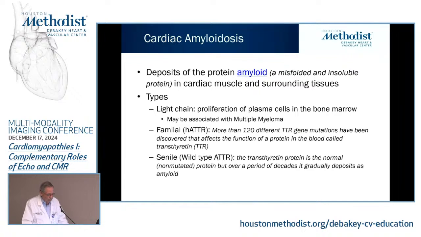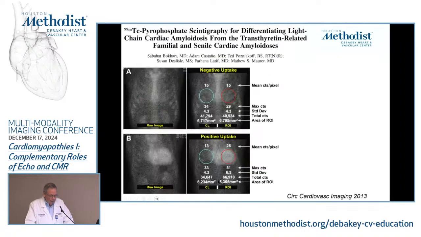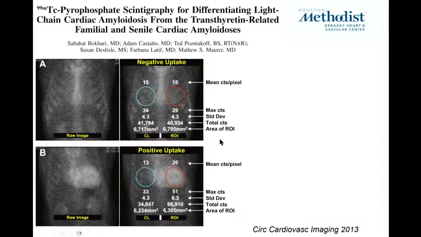And you're all familiar with the three varieties: the light chain, familial, and senile. The light chain is the one that is associated more with multiple myeloma. And these other two have the advantage that in both of them, there is an increased uptake of technetium pyrophosphate when you do the examination.